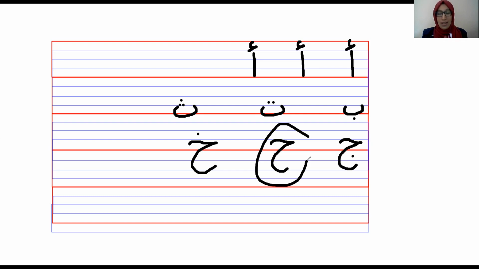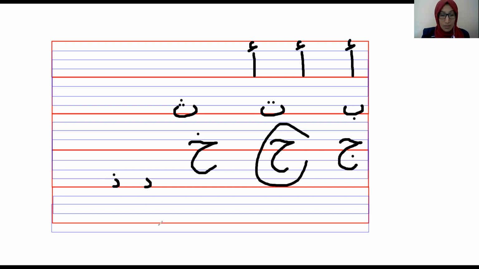Then I have 2 other similar letters. They are small letters, dal and dhal, and we write them the same way, the difference only in the dot. Dal and dhal, the equivalent of D or TH.